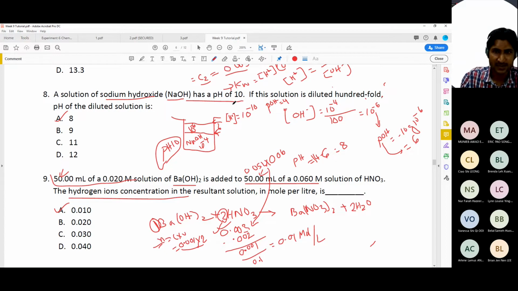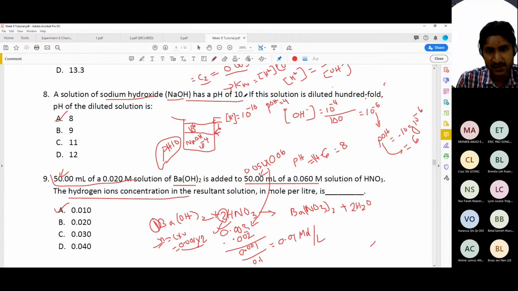So first of all, let's know the hydroxyl ion concentration. Although it says pH, since it is sodium hydroxide, there is no HCl or any acid there, so it is hydroxide.